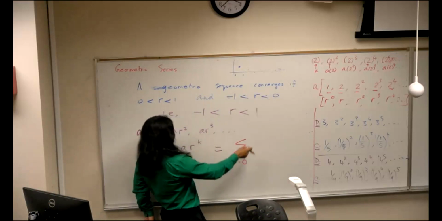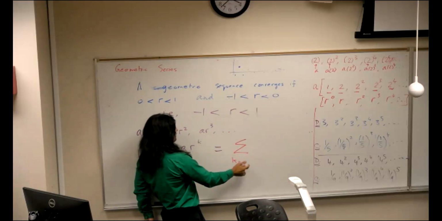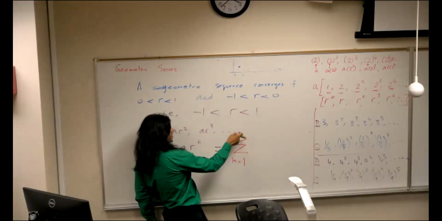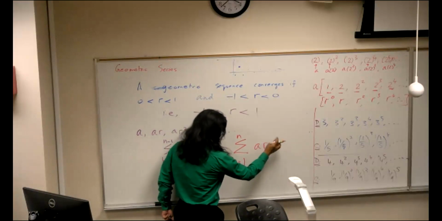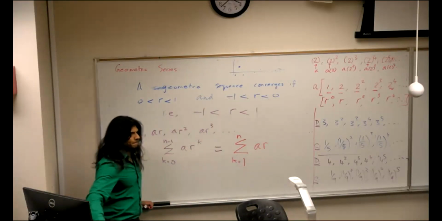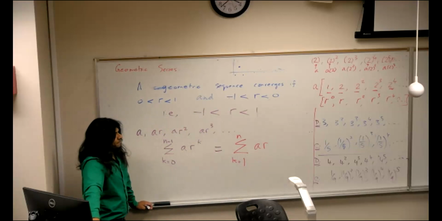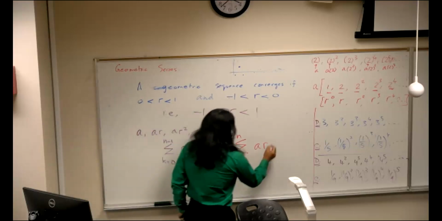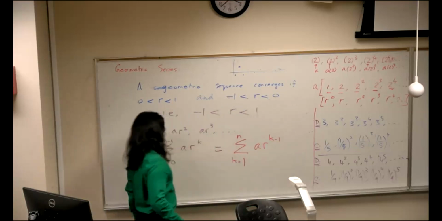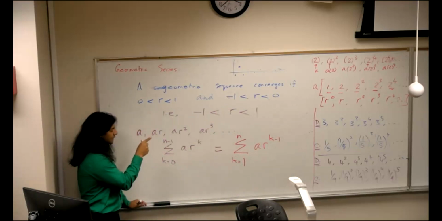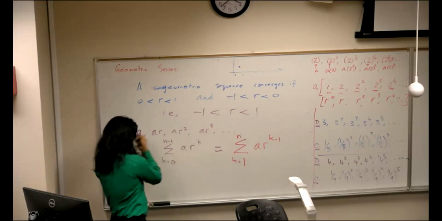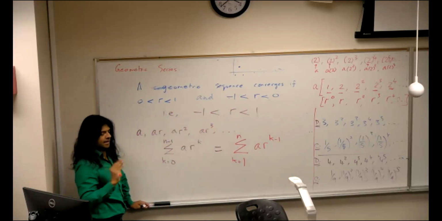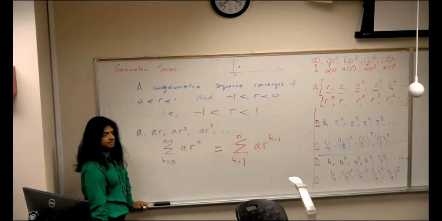Now I'm going to pick 1, and go all the way up to n of A times R. What should go up there? K minus 1. This series and that series represent the same summation.